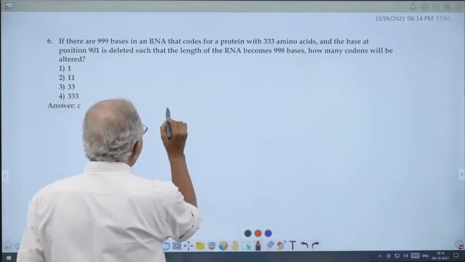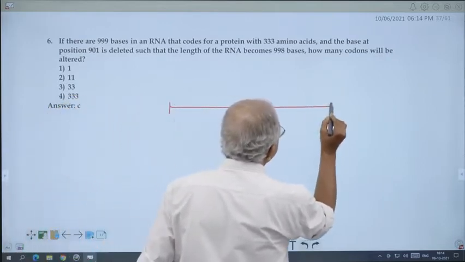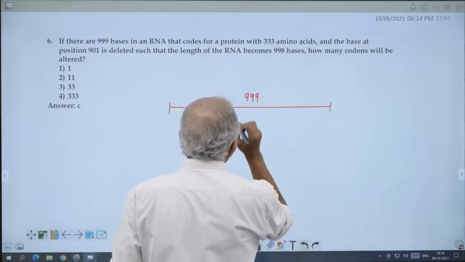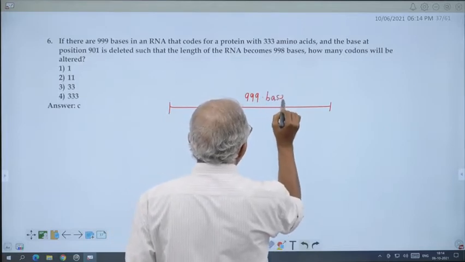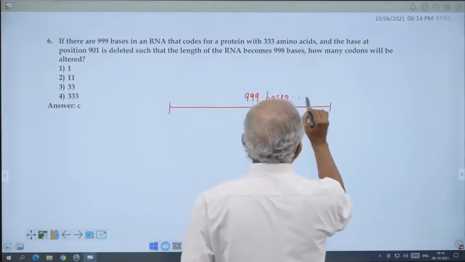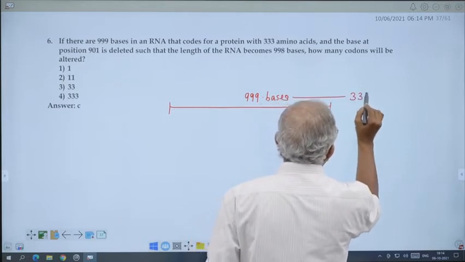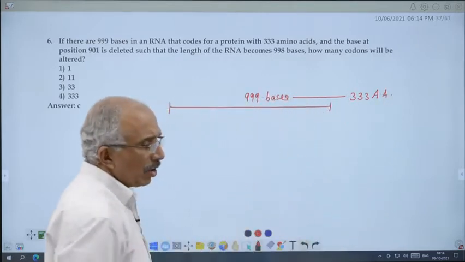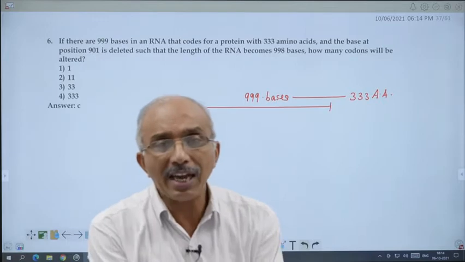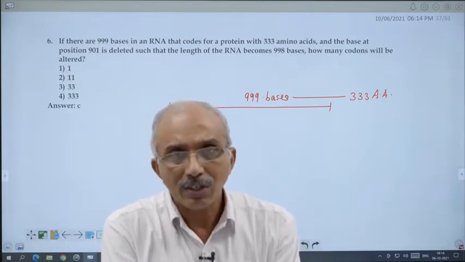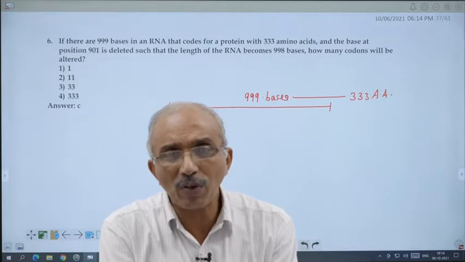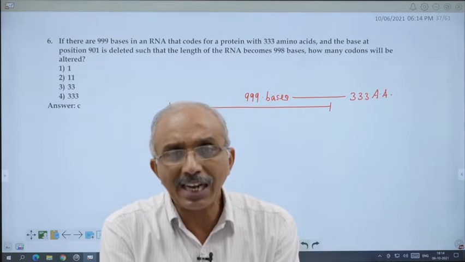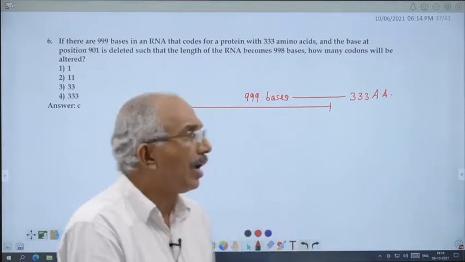Normally, 999 bases code 333 amino acids, because 3 bases constitute a genetic code, a codon, and each codon codes an amino acid.